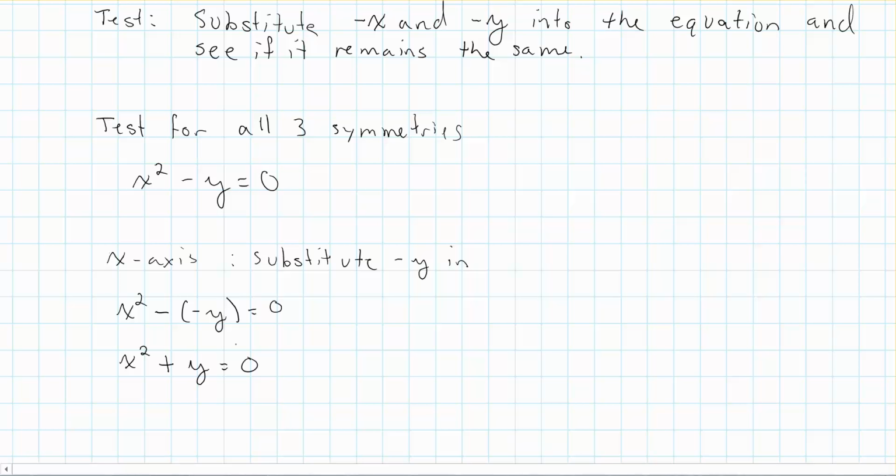Now we need to compare it to our original equation. So we need to compare it to this equation here and say, is this equation that we wound up with exactly the same? And of course, really quickly we can see it's not. Notice that you have a plus here, and up here, of course, we had just a minus. So it's not the exact same equation.